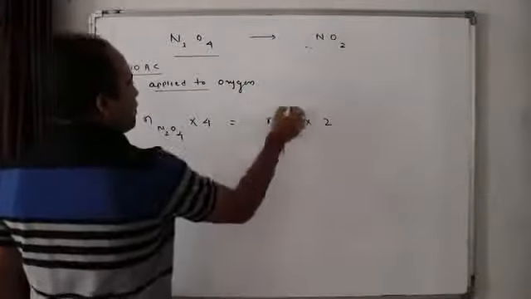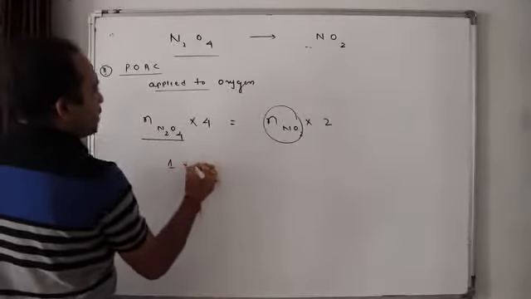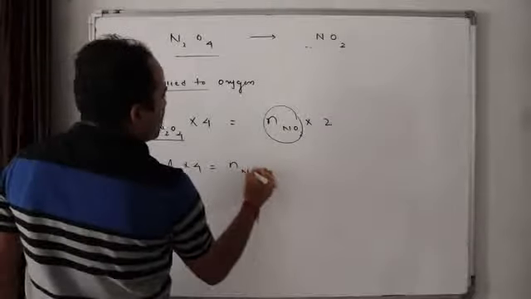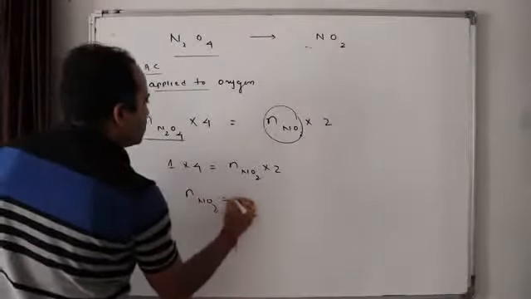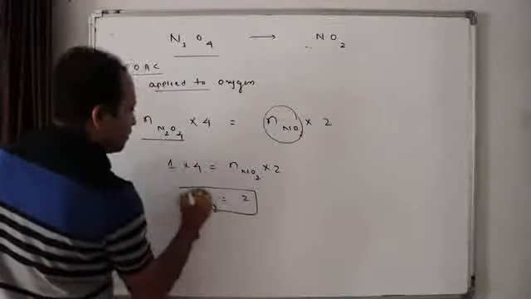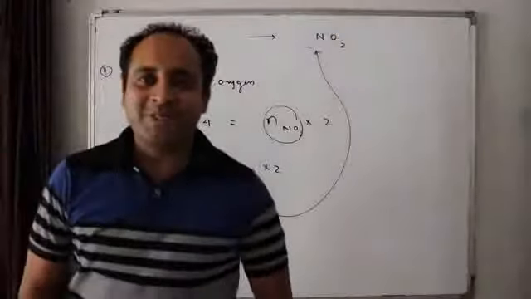Number of moles of NO2 is unknown. Number of moles of N2O4, let it be 1, into 4 is equal to number of moles of NO2 into 2. Number of moles of NO2 is equal to 2. Found. Put it here. Now it will be balanced. This is all the POAC concept.